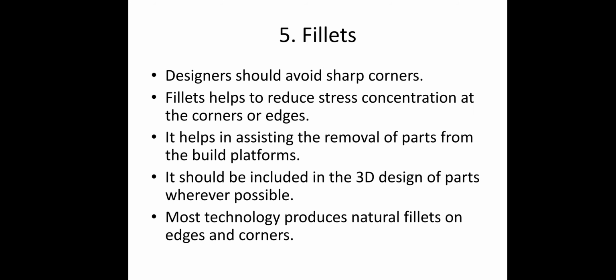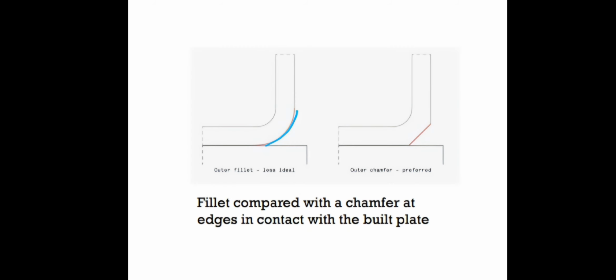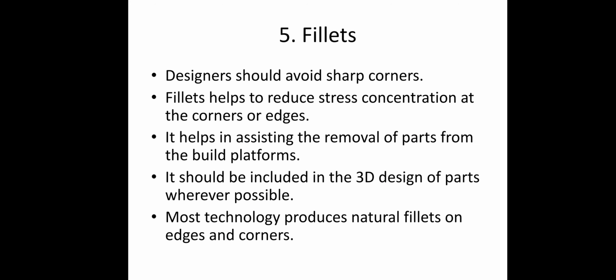And fillets. Sharp corners should always be avoided. The sharp corners will create problems in the printed parts. For this reason, fillets are used. In figure A, an outer fillet is given. A fillet is always given in the design to avoid such problems.